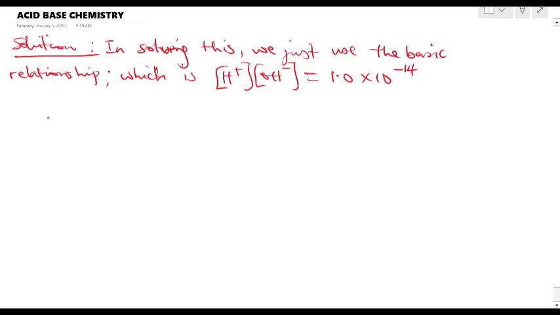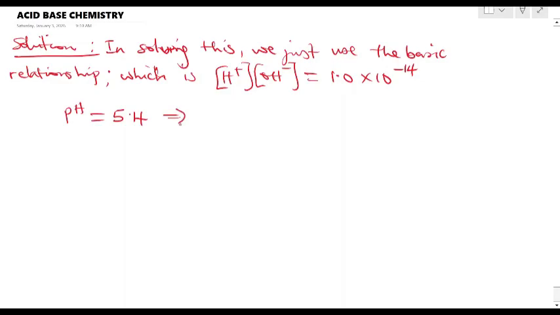We were given the pH of this solution to be 5.4. So pH is equal to the minus log of the hydrogen ion concentration.